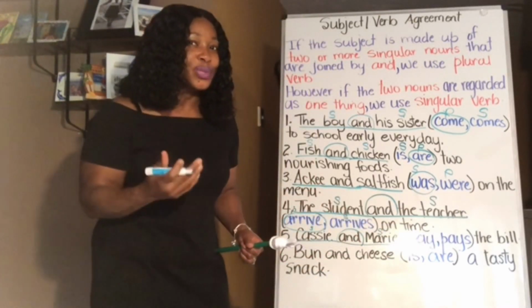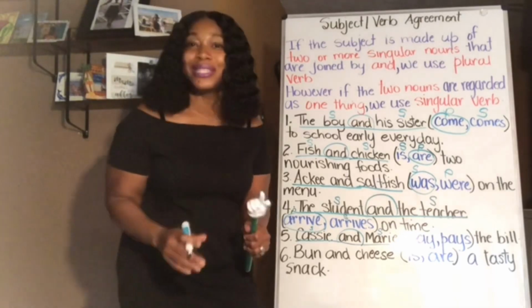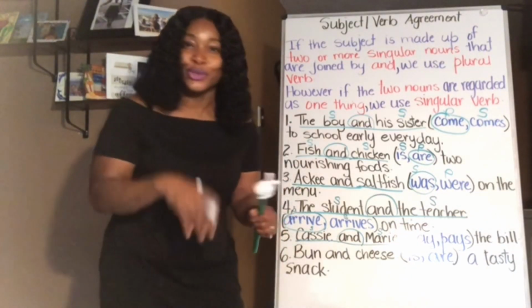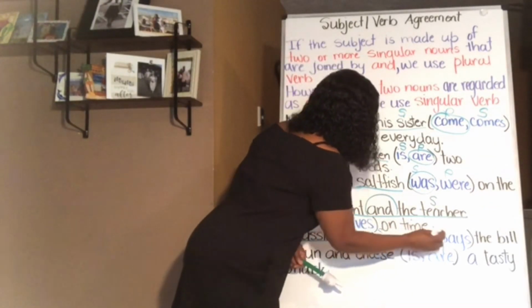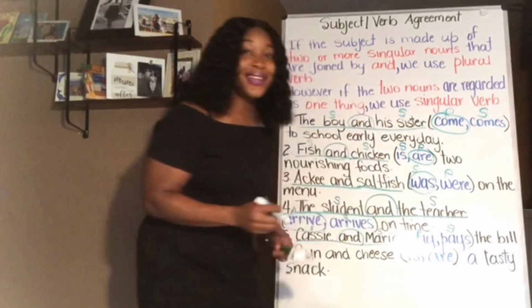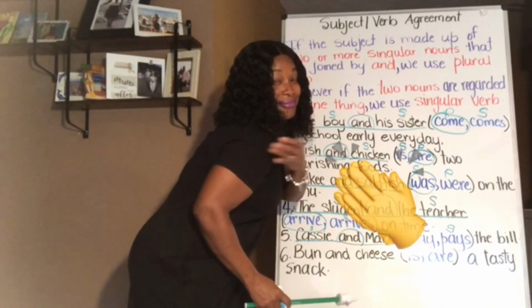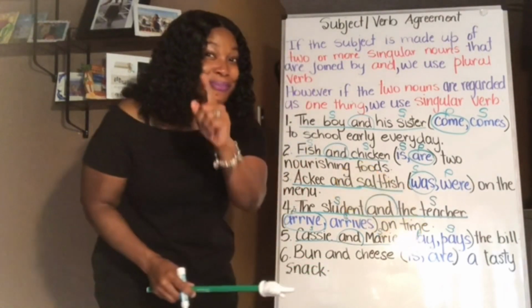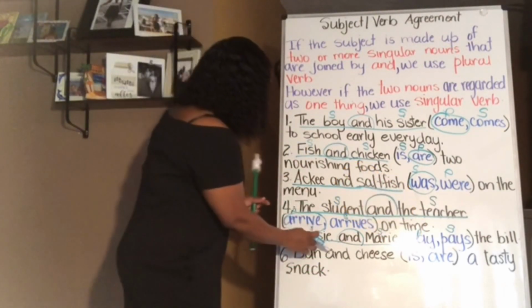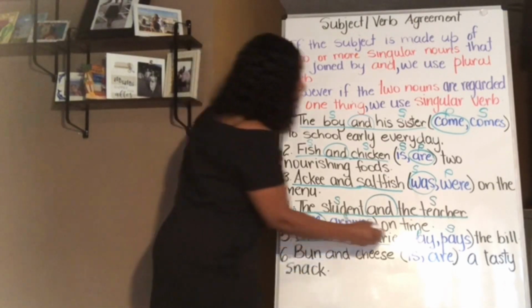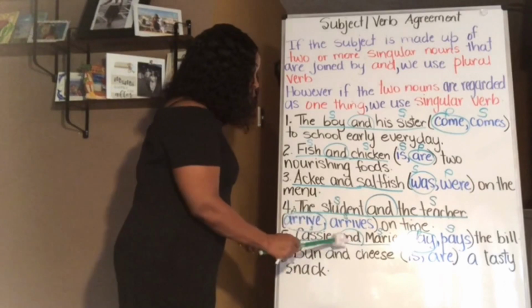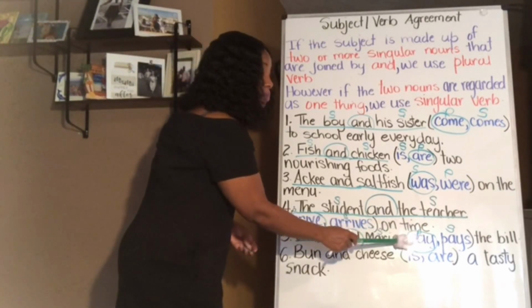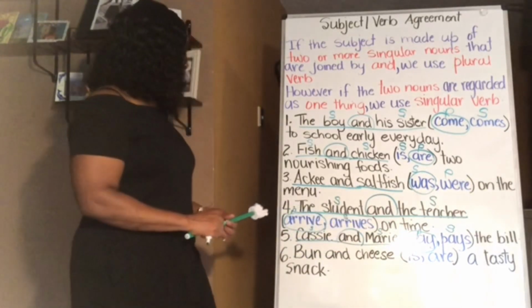What did you choose? Remember, we're not keeping it to ourselves. We're telling someone else. So show it to someone. Tell someone. Did you say pay is plural and pays is singular? Well, you know you have to praise yourself. So Cassie and Marie pay. Two singular nouns joined by and. We need the plural verb, pay.